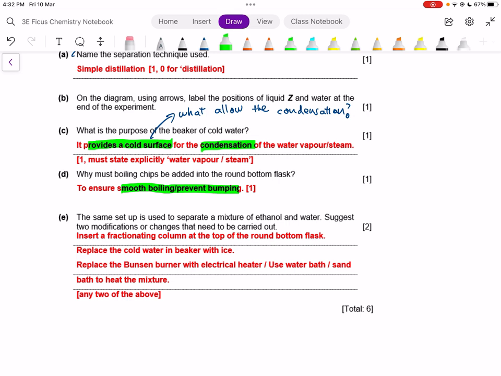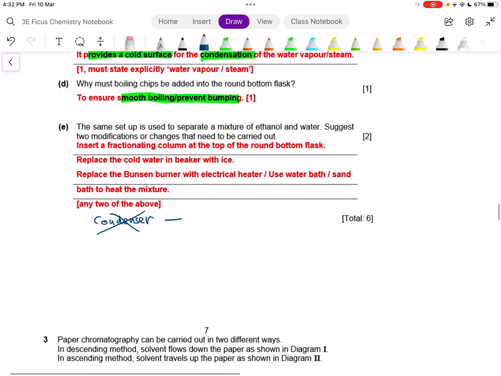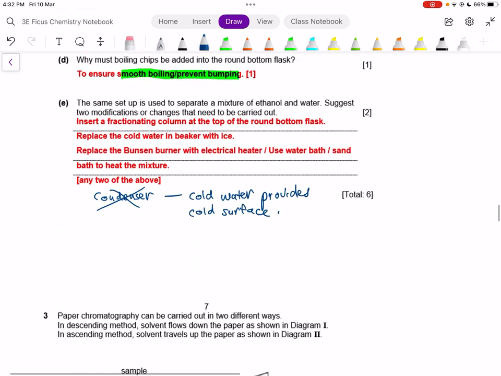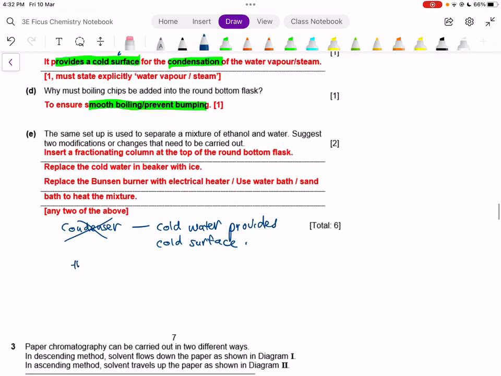Then we come to part E. Some of you wrote condenser. I didn't accept because the cold water is already there to condense the vapor. So the cold water already provides the cold surface. Another thing is, you wrote about the thermometer.